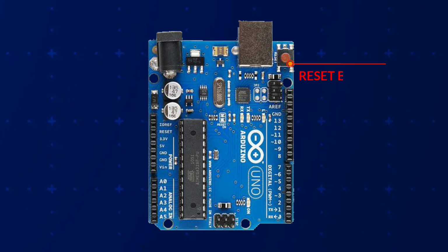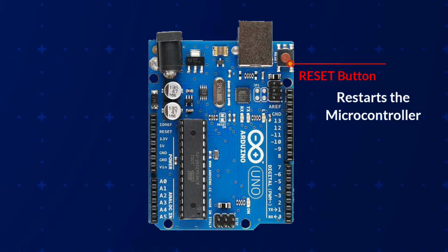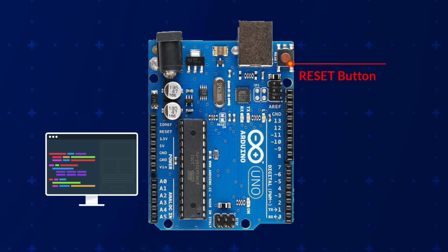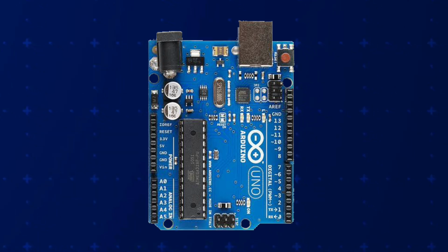This is the reset button of the controller which restarts the controller. By pressing it, it stops the current program and starts from the beginning. There is an inbuilt LED which is internally connected to D13 and ground pin, which is used for testing purposes.